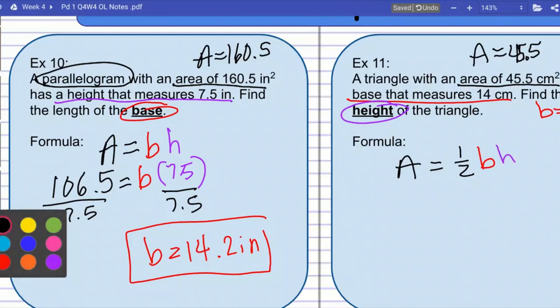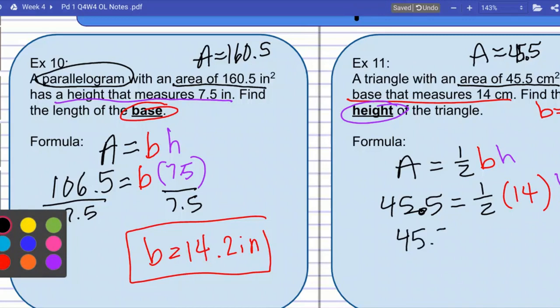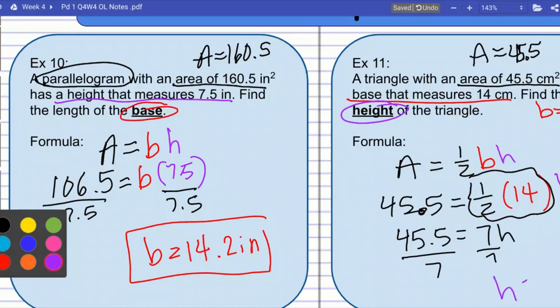Well, we know the area is 45.5, so that's going to equal 1/2 times the base, which is 14, times the height, which we don't know. So I can do 45.5 equals, what's half of 14? 7h. Divide by 7. And I get the height is equal to 6.5 centimeters.